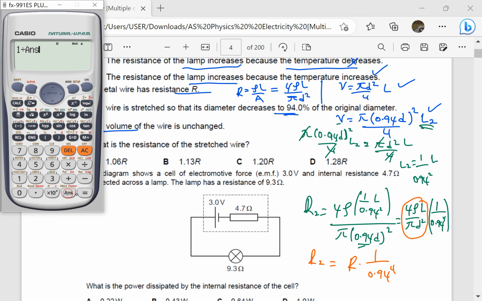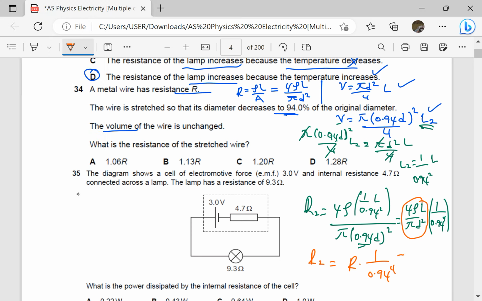Then I say 1 divided by the answer. That's 1.28. So this is going to give us 1.28 of R, which makes our answer D.